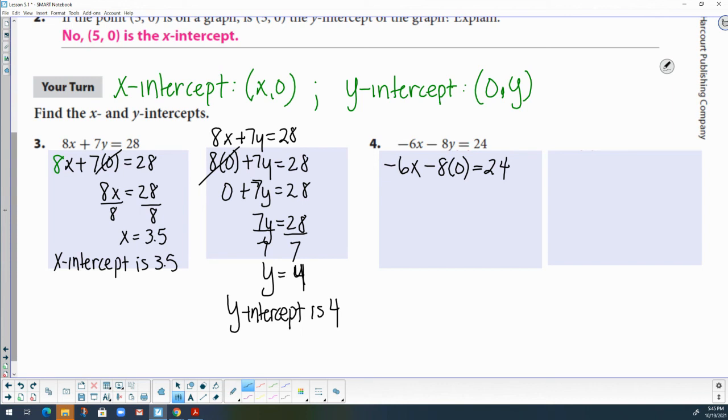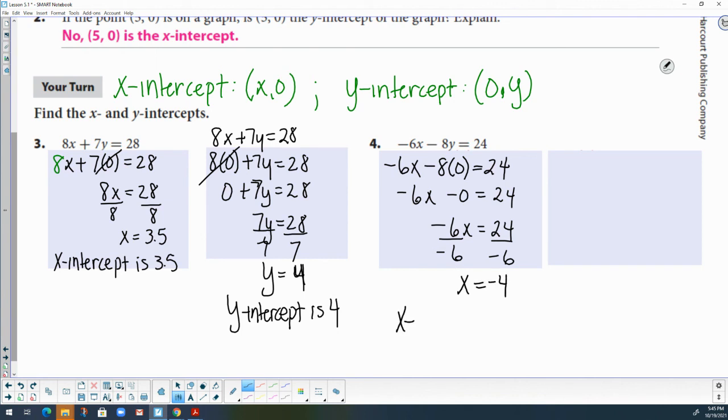So I know that 8 times 0 is 0. So negative 6x minus 0, that's nothing. So negative 6x is equal to 24. I'm going to divide by negative 6. So x is equal to negative 4.